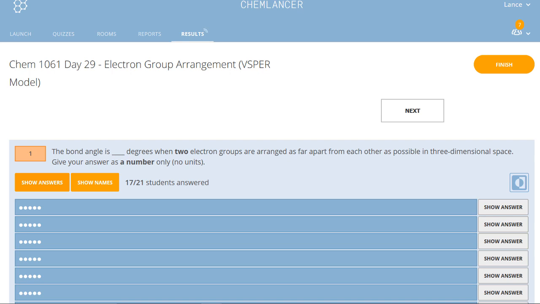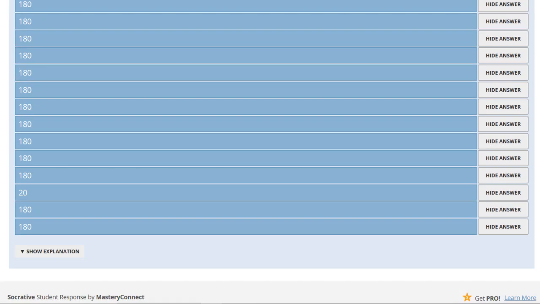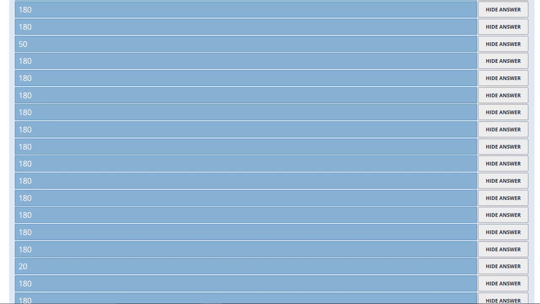These would be the bond angles, and these would be as far apart from each other as they can put themselves in three-dimensional space. What is this bond angle? 180. It's not 50, okay? Well, it's not 20, it's 180. So again, when you look at this bond angle, this is 120 degrees.